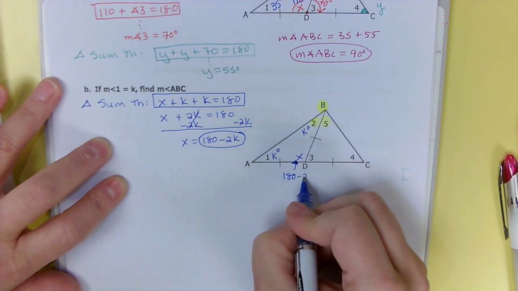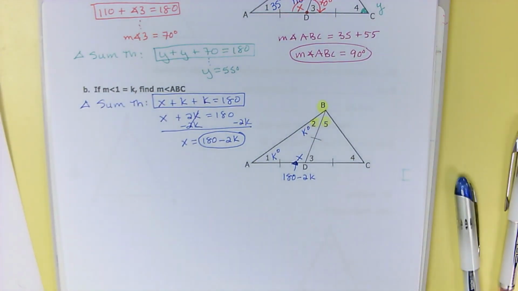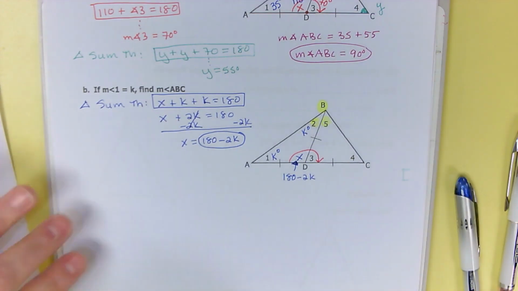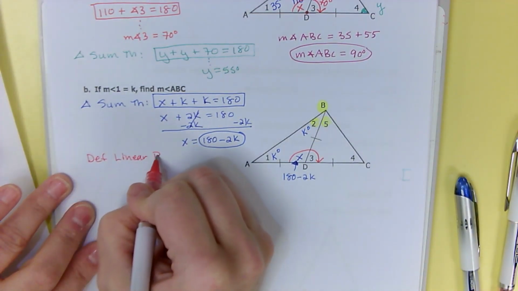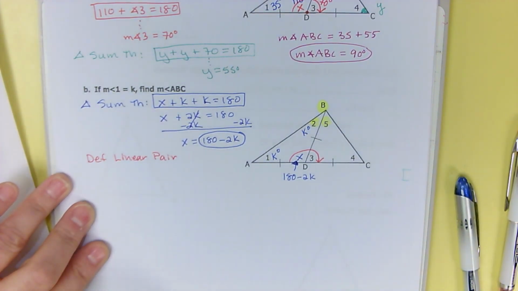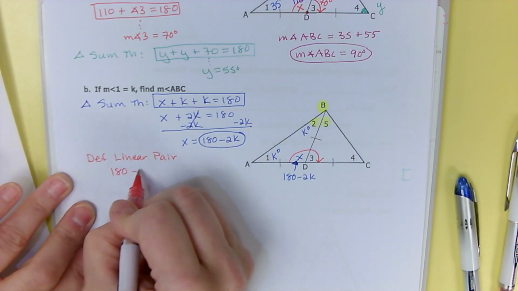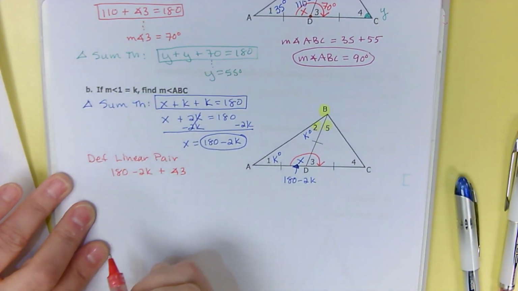That's 180 minus 2K. Now, just like the one above, angle 3 and angle X together make a linear pair. So by the definition of a linear pair, they add up to 180. So here's my X, 180 minus 2K plus angle 3.